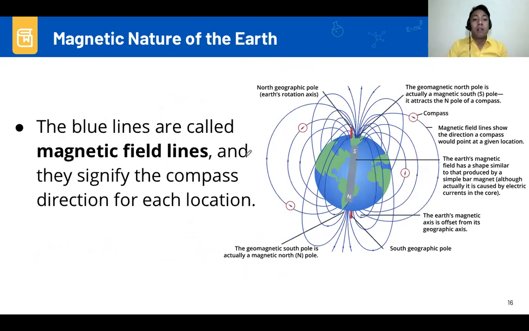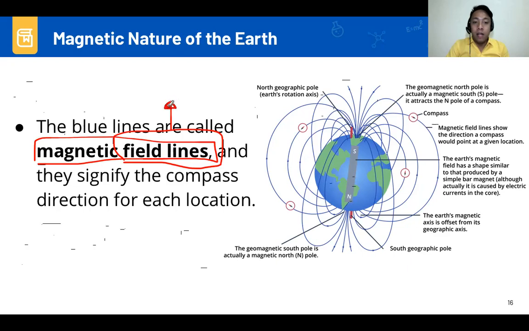The blue lines are called magnetic field lines. Relate this one to our electric field lines. Kung sa electric field natin, we can call that one electric flux. Here also, we have magnetic flux. That's also a field line. So it's the same.